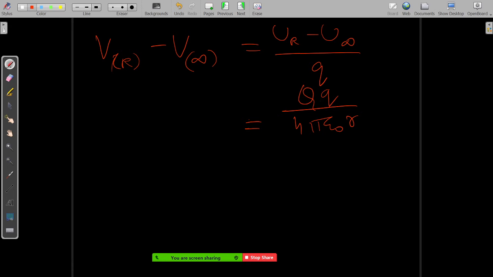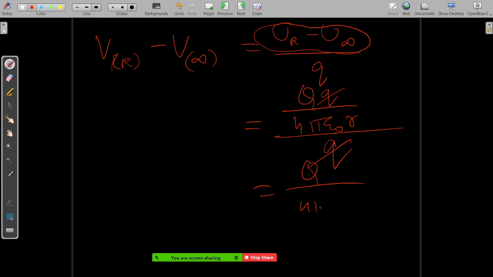This is something related to work done, to energy. Force was Q by 4 pi epsilon naught r square, into some distance r, so one r cancelled. And this potential is per unit charge, so Q cancels. So it is Q by 4 pi epsilon naught r. This is your potential at any position r.